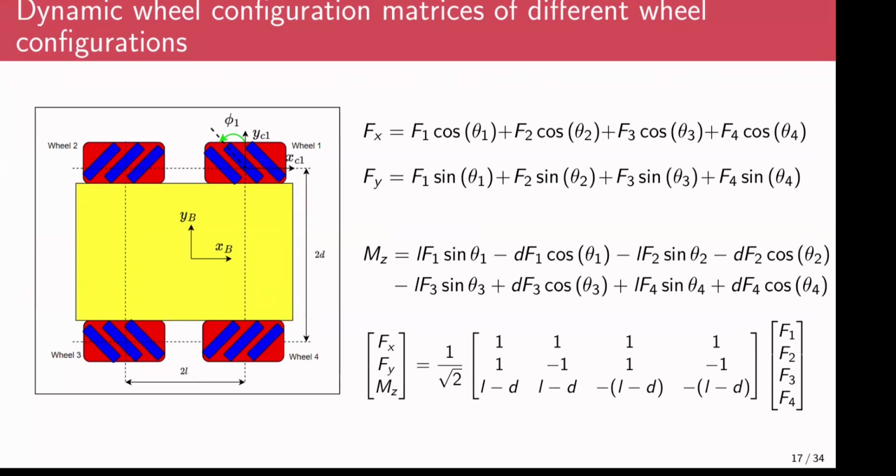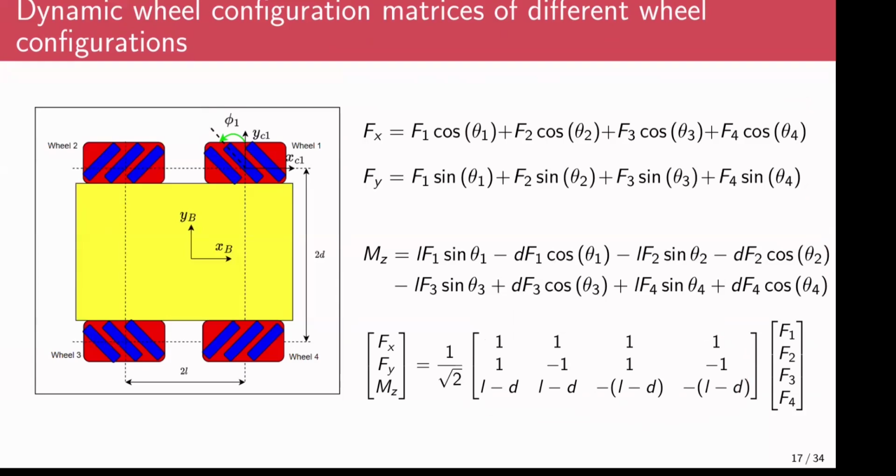And if you resolve all these forces F1, F2, F3, F4 along the x-axis, y-axis, and resolve all the moments about the ZB axis, you will get these components. And theta 1, theta 2, theta 3, theta 4, as you know, are plus 45, minus 45, plus 45, minus 45 degrees in typical examples. That's how you get these values.